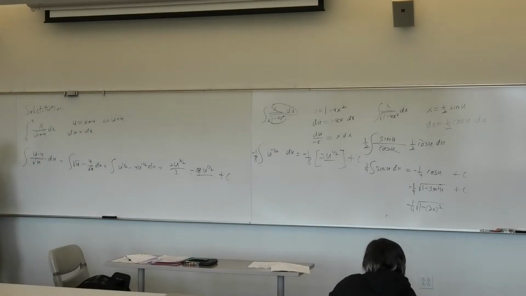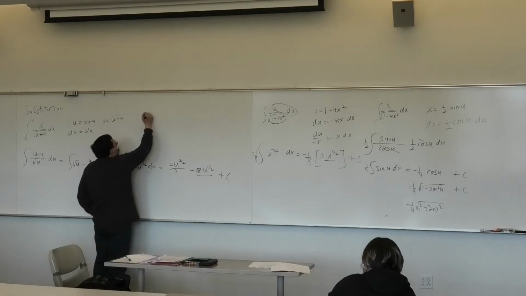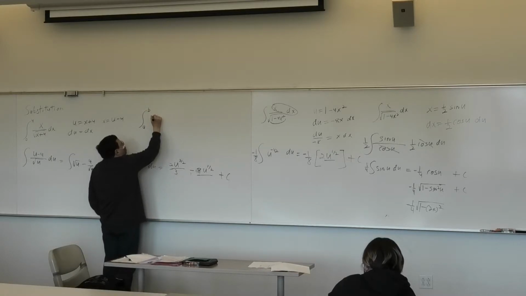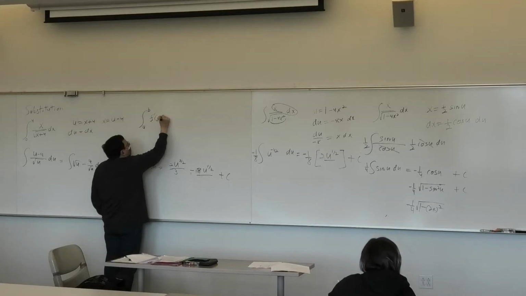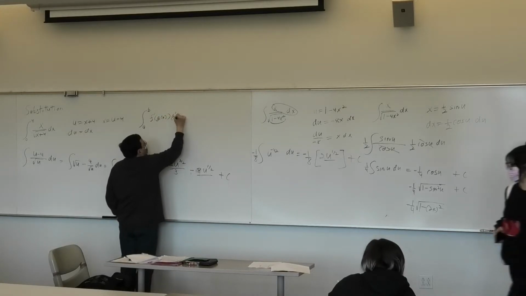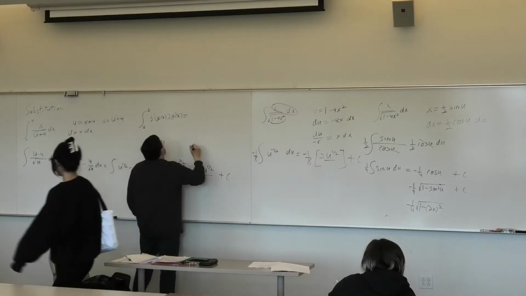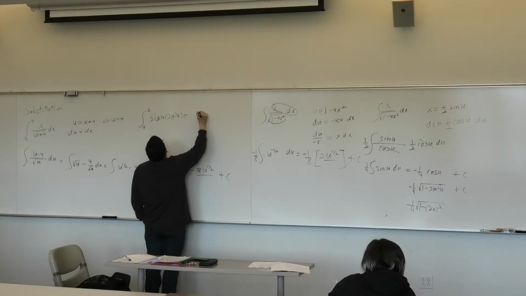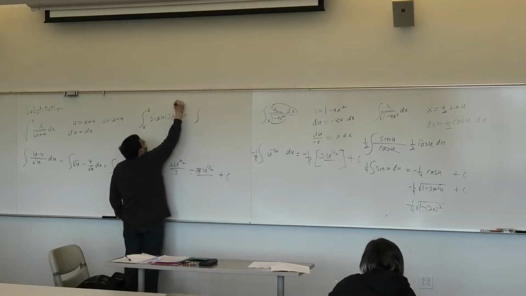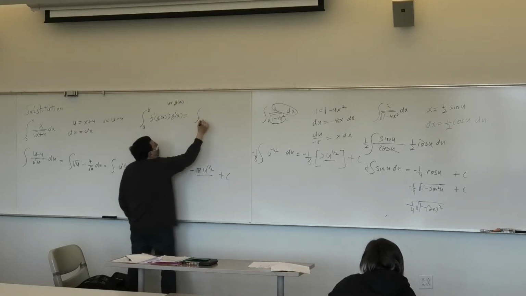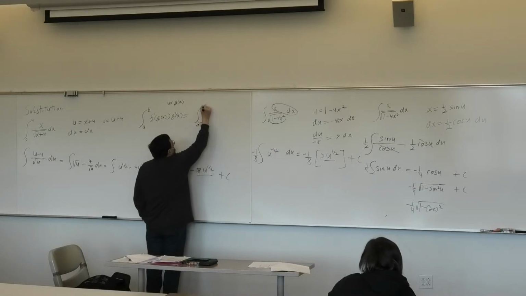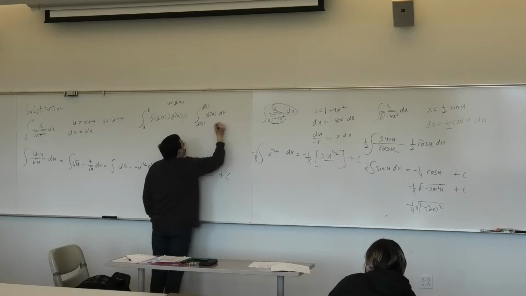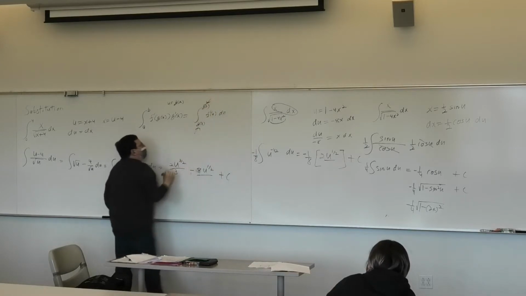But if you recall, that formula says that the integral from a to b of f prime of g of x, g prime of x, becomes the integral, where u is g of x, from g of a to g of b, of f prime of u, du. So that tells me I can modify these.